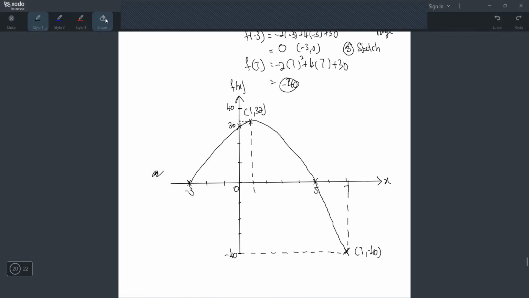Let me draw it. Give me some time. Why does it look more ugly? The first one looked nicer. Now again it looks more ugly. Okay, wait for me.